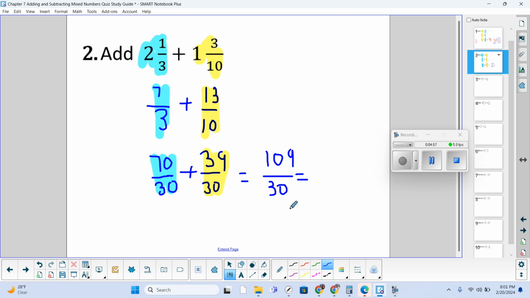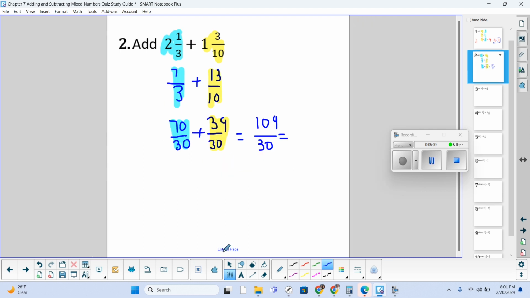All right, well, how many times does 30 go into 109? Well, 3 times 30 is 90. 4 times 30 is too much, it's 120. Actually, let's do it this way, just so you guys can see. 109 divided by 30. So 30 goes into 109 how many times?